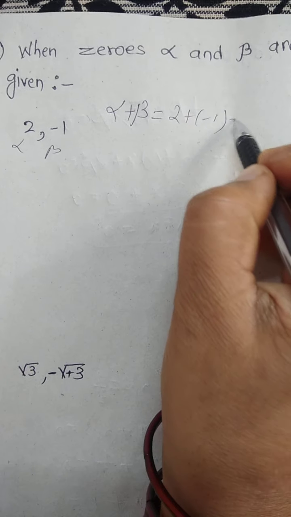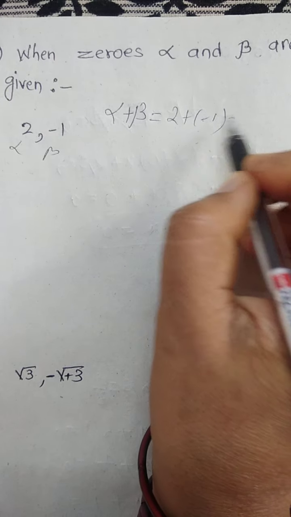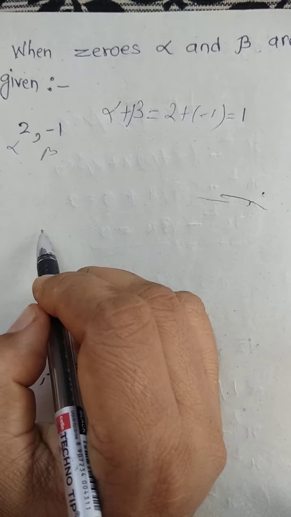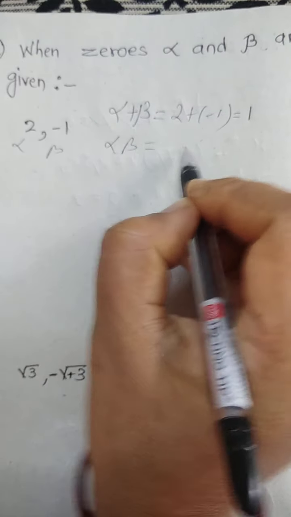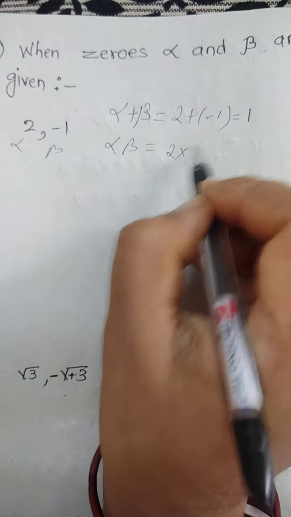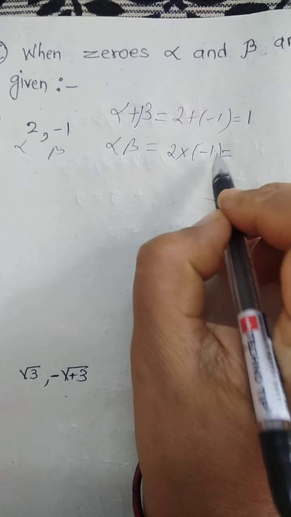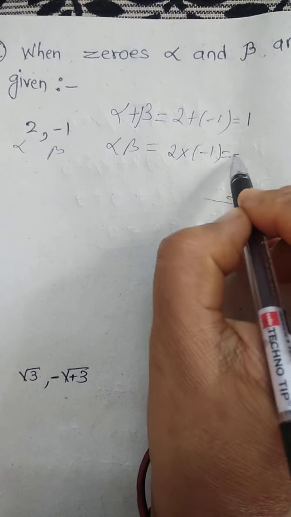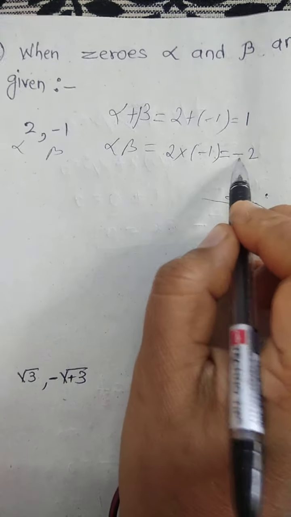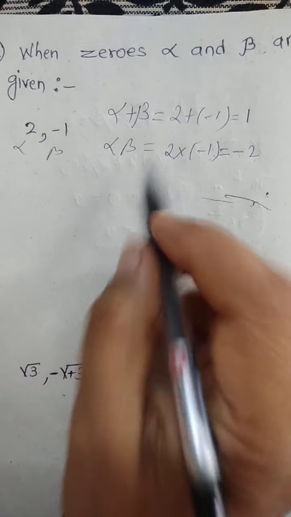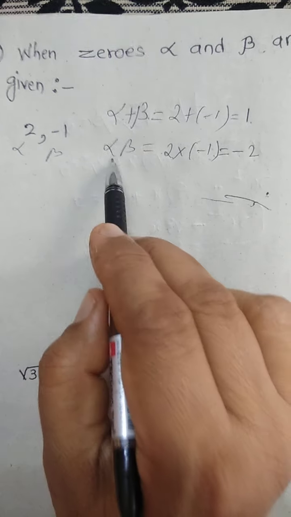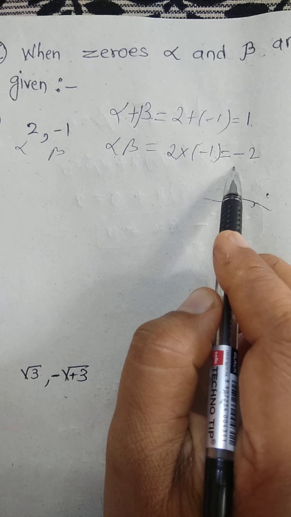So you will get 2 plus minus minus 1, 2 minus 1 means 1. And alpha into beta means 2 into minus 1, you will get minus 2. So the sum of root is 1 and the product of root is minus 2.